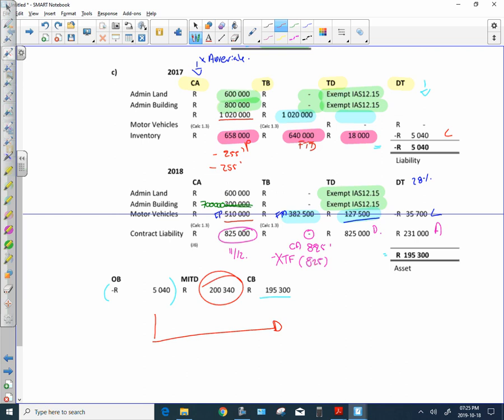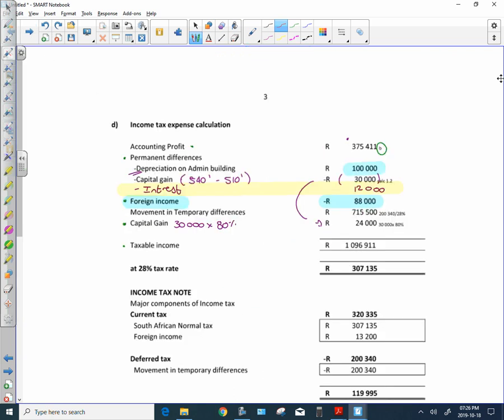But that is at 28%. Agreed? So to get that at 100%, I need to say 200,340 times 100 over 28, or divided by 28%. It's going to give you the same answer. And that is what I have to put into my tax calculation: 715,500.